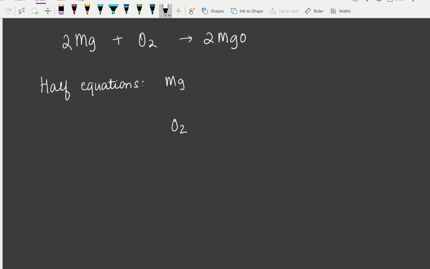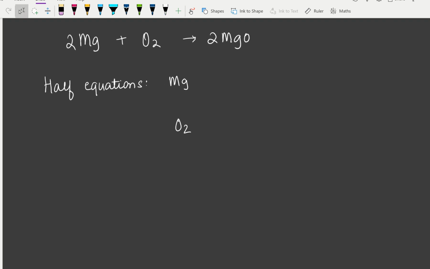Once again, try to recollect from the previous explanation that oxygen has an atomic number of 8, so its electronic configuration is 2, 6. It just needs to accept 2 electrons to complete its octet. That means its oxidation number is going to be -2, right?